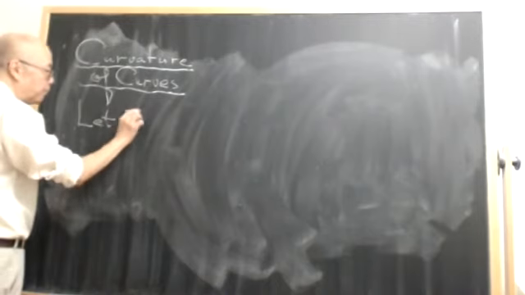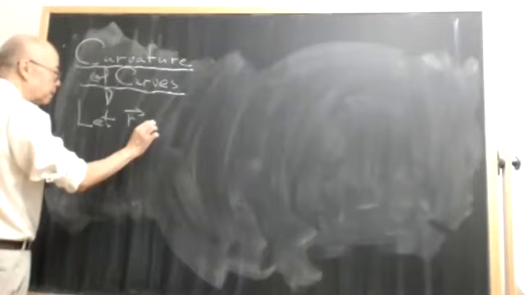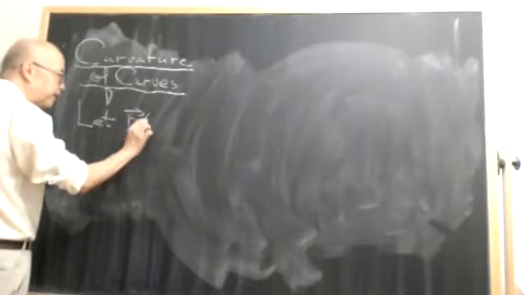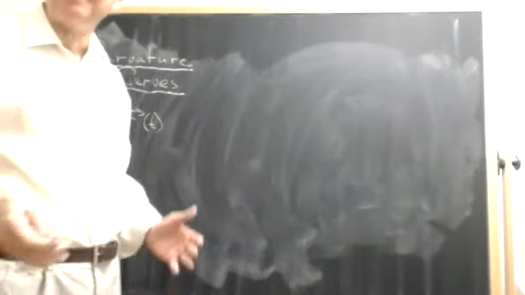So first of all, let's take a vector value function. So let's say R of t. I am not going to write down the components this time.